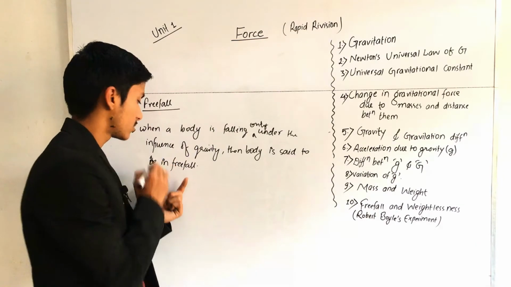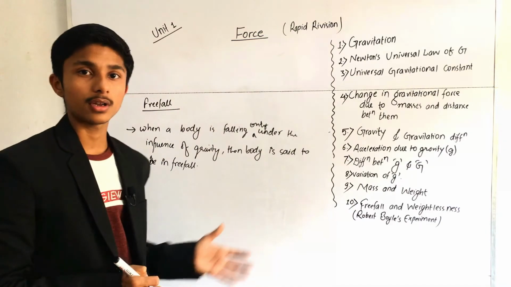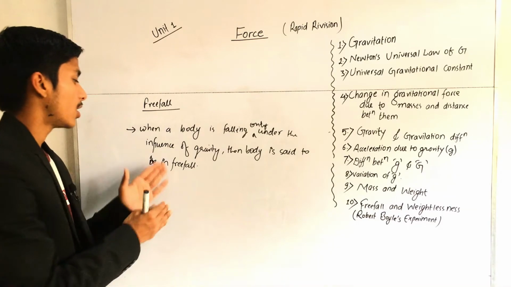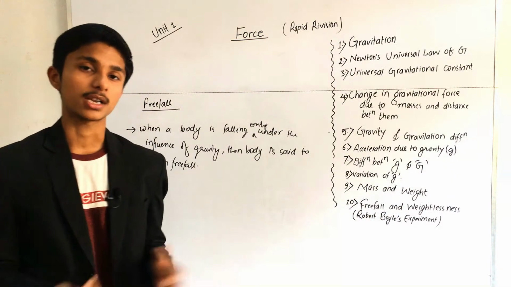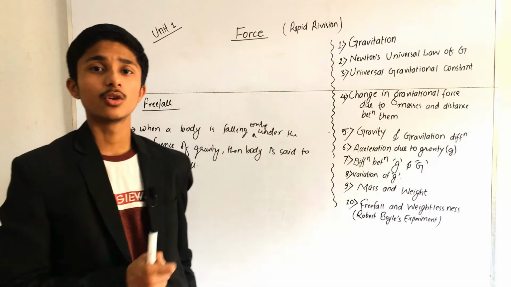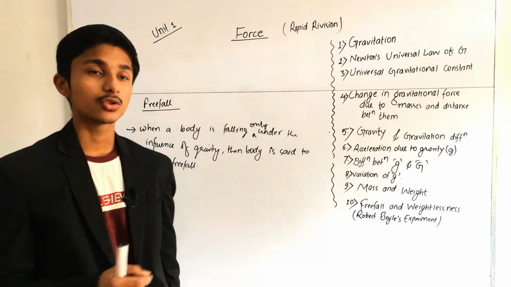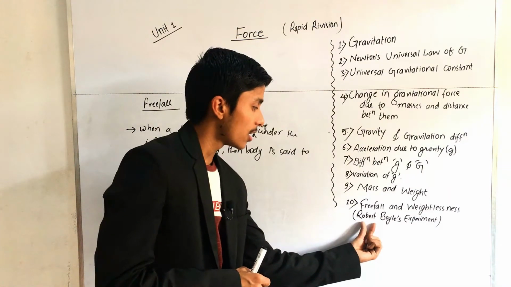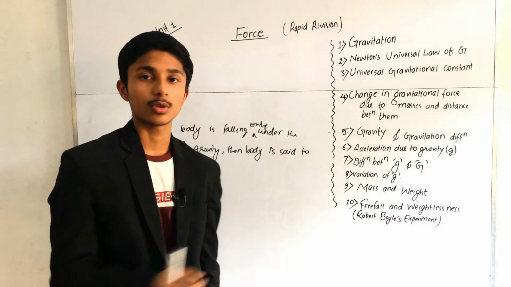Once, Galileo Galilei said that the acceleration due to gravity on a body in free fall is independent of its mass. There was one physicist who did not agree with his statement, and his name was Robert Boyle.